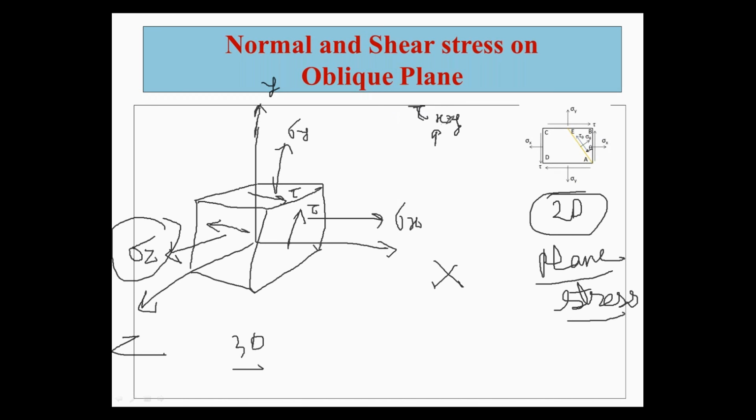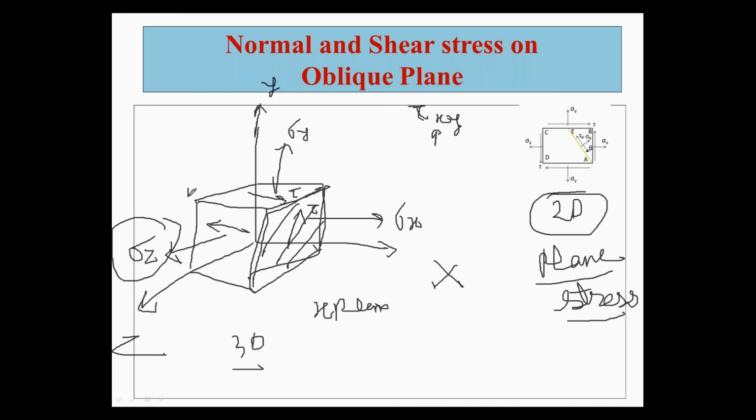Now we have to represent this, so how to do it. This plane is nothing but the x plane. So perpendicular to the x direction, whatever the plane, this plane is nothing but the x plane.